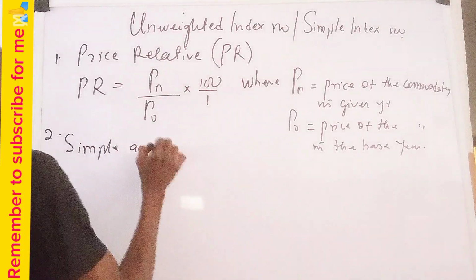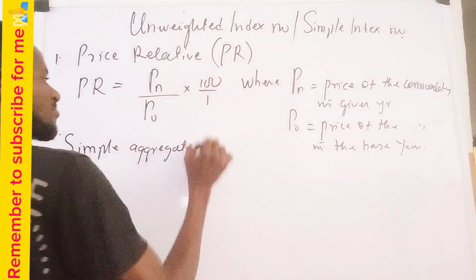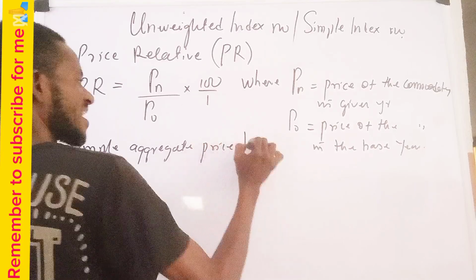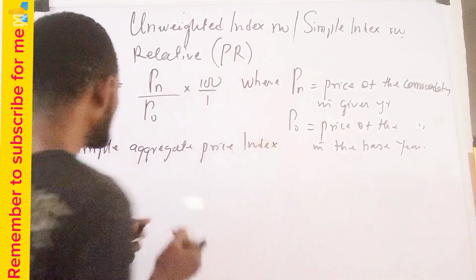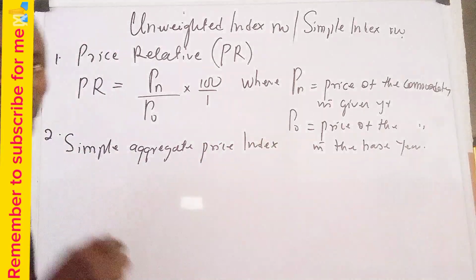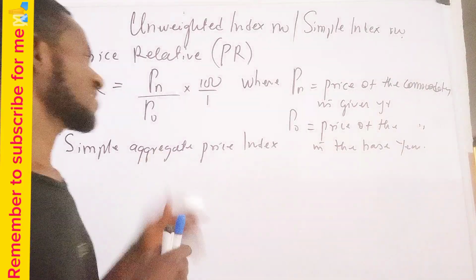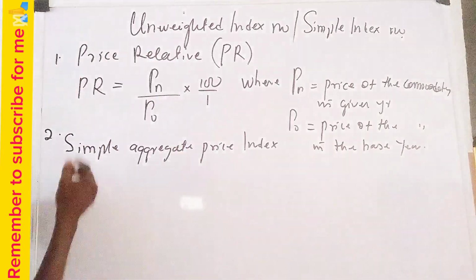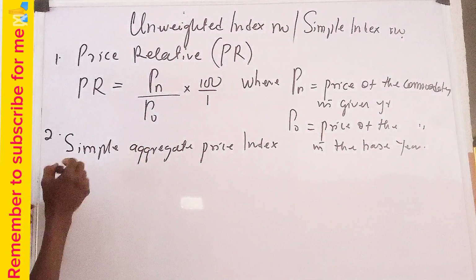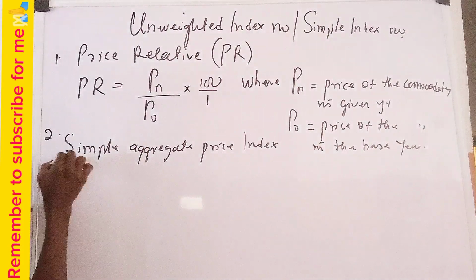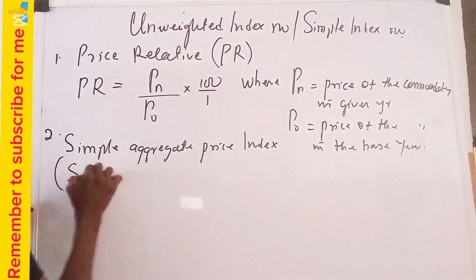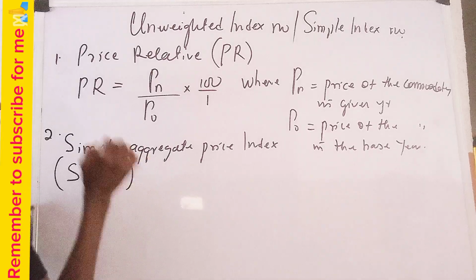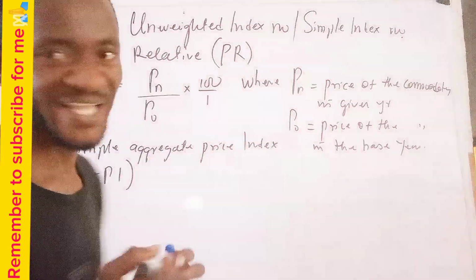We have to pay attention here so that we can see the difference. The abbreviation usually used for the simple aggregate price index is SAPI, which people usually call SAPI.